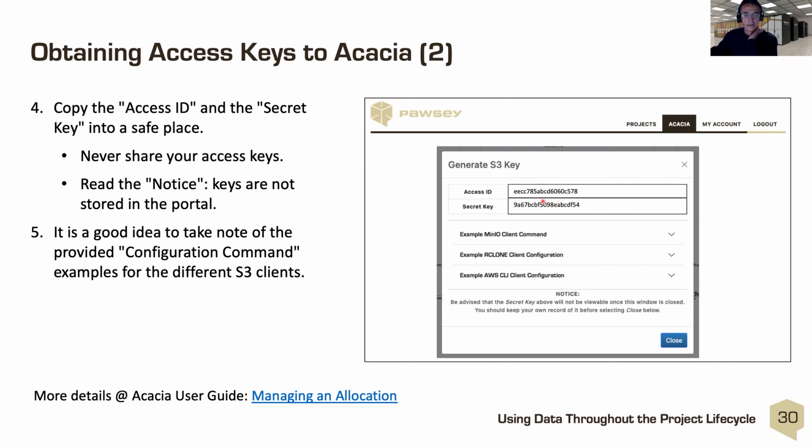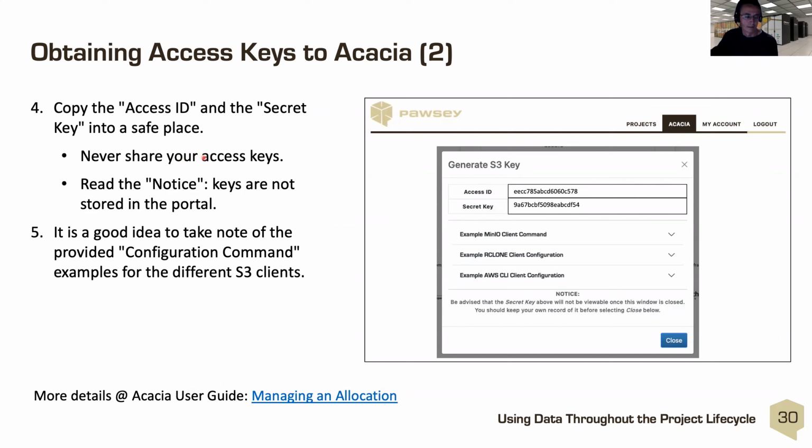These keys need to be copied into a safe place in your own notes. This safe place should be a file or a notebook or whatever that no one else has access to. You cannot share them.